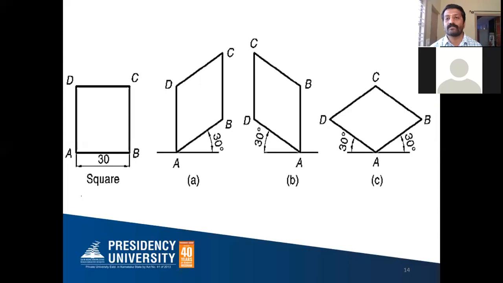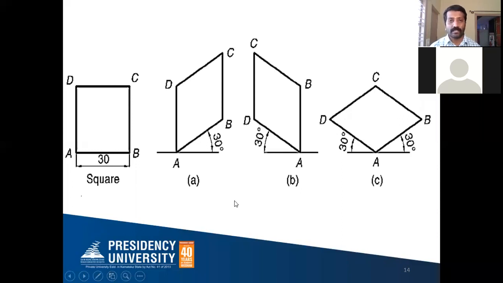These three positions mean one is the front view, one is the side view, how it looks from the side, and one is from the top. So this gives you the three positions, but we always go with this particular method only.